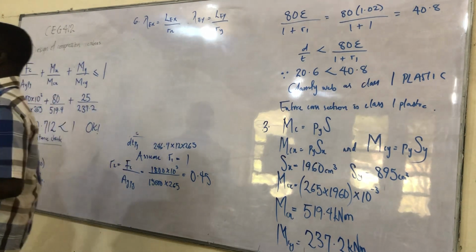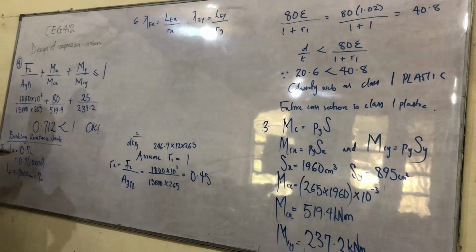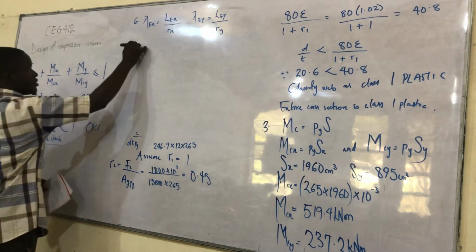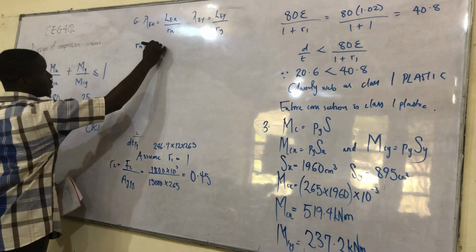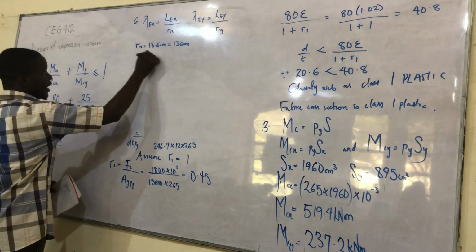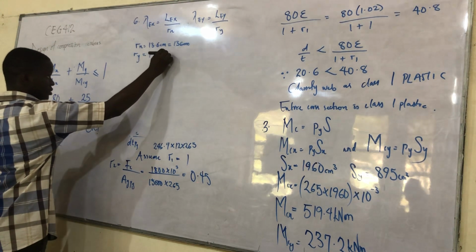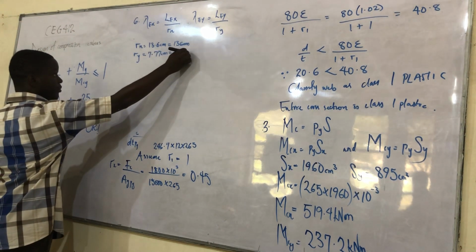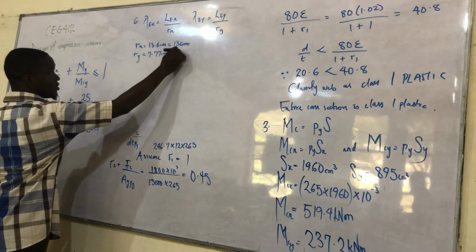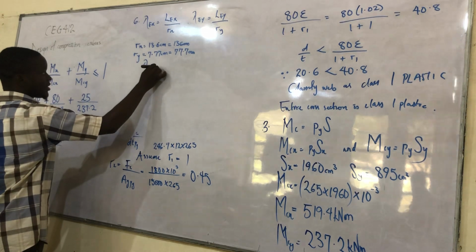Now, what is our Rx and Ry? Let's get that from your section table. Rx is 13.6. What's our Ry? 77.7 mm. So let's calculate our slenderness ratio for the x-axis.